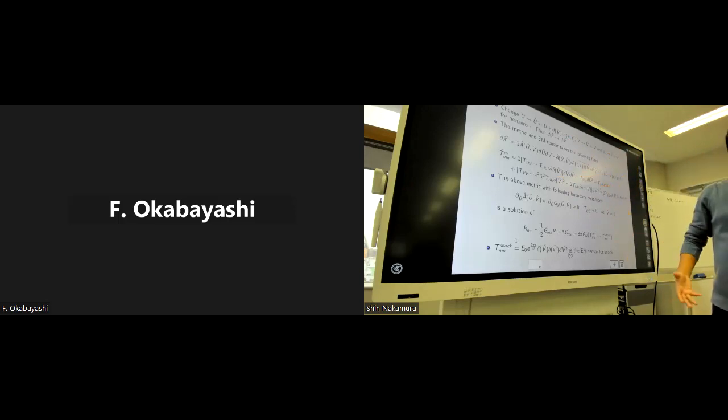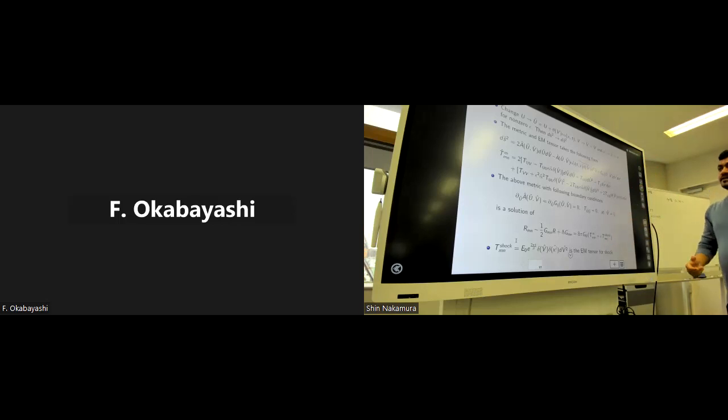You can also make changes in the energy momentum tensor, and you will end up with this new energy momentum tensor, which includes the shock wave. Now I will ask whether this metric is a solution of the Einstein equation. The answer is yes, but for this modified Einstein equation with these boundary conditions.